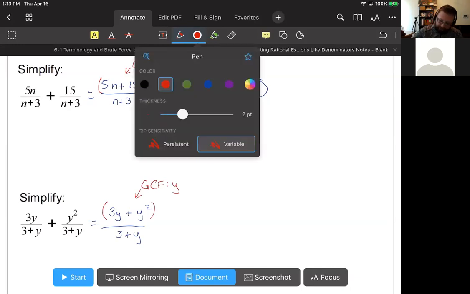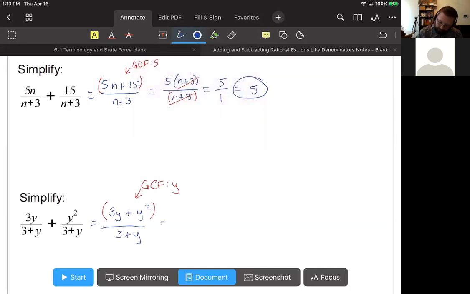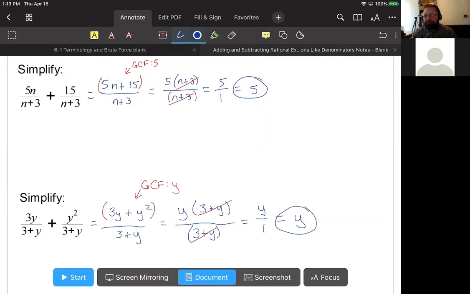So we have to factor that y out. So we take that y out of there, we're left with 3 plus y. And on the bottom, we already have 3 plus y. So just like the previous example, the 3 plus y's would cancel, leaving us with y over 1, which is just y. So that in a nutshell is how we add when the denominators are the same.